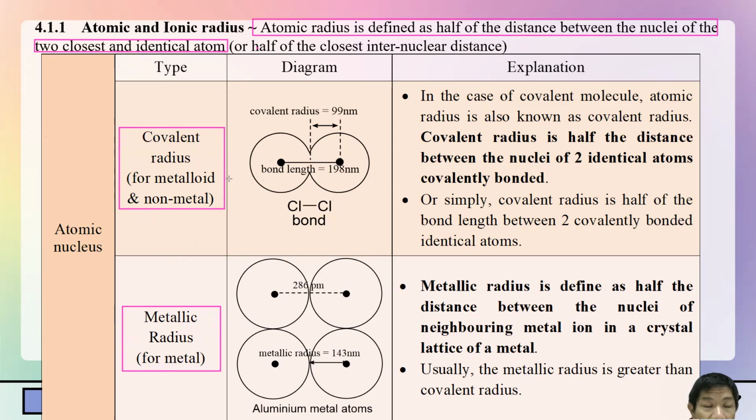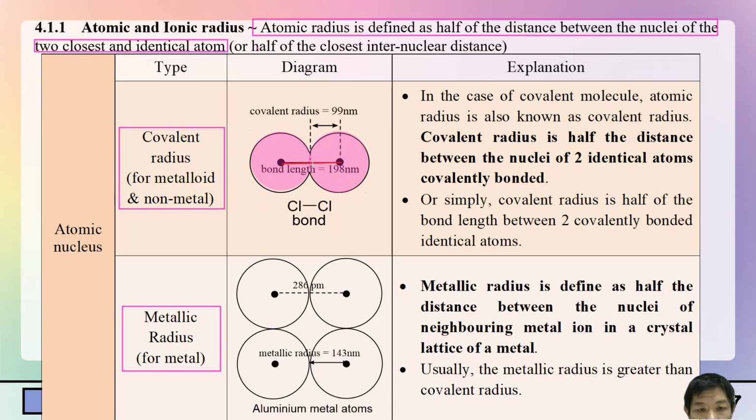And how is their atomic radius measured? Don't forget, they are sharing electrons between the two atoms of chlorine here. So their atomic radius is measured because some of the orbitals overlap. So we have to measure based on the distance between the two nuclei of the chlorine.